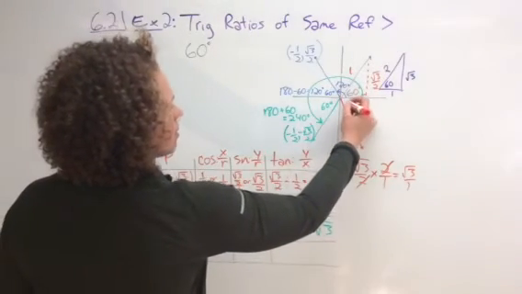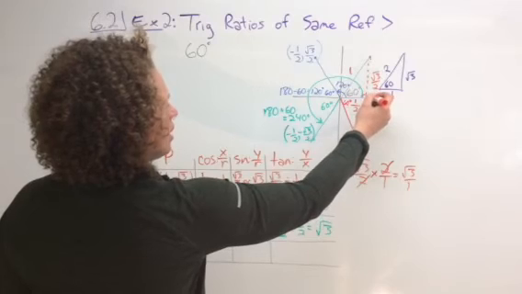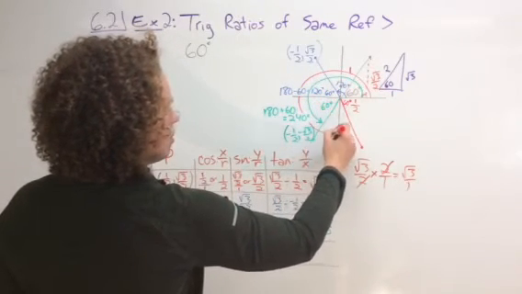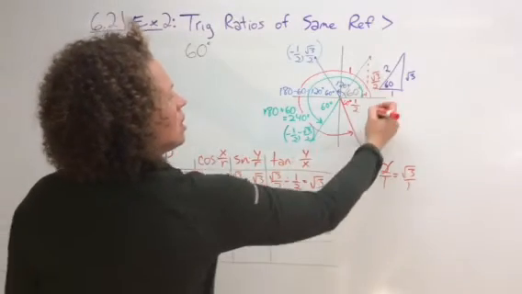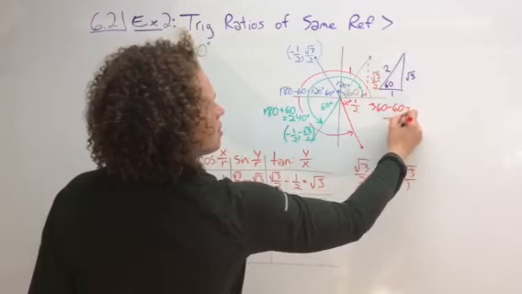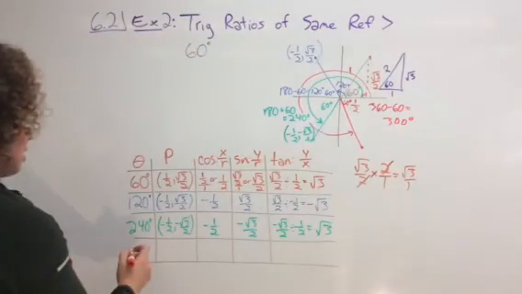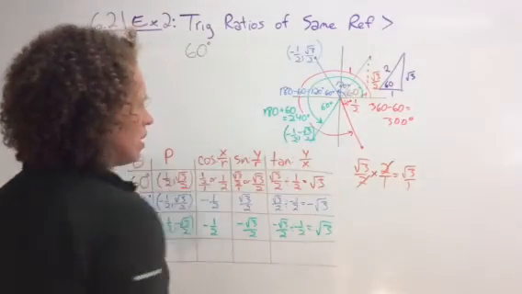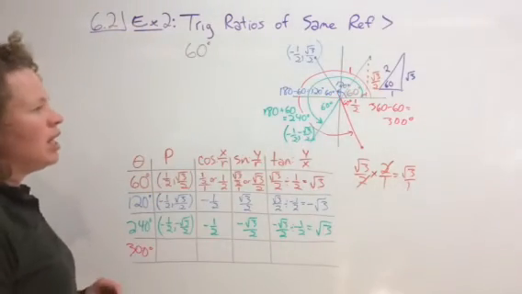So here, we've got our 60 degrees here, and we're going to go all the way over to here. And we've already established that it's 360 degrees minus 60, which gives me 300 degrees this time. Right? Because he's just 60 degrees short of the finish line of making a full circle.